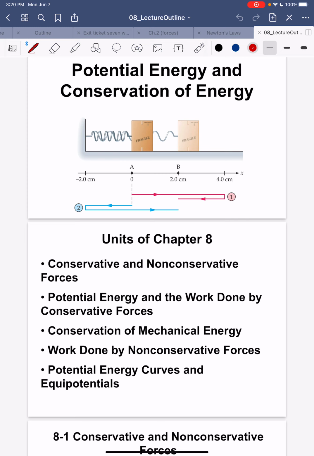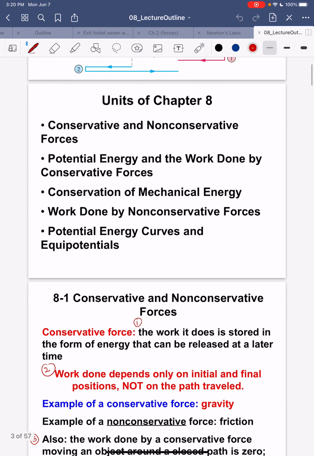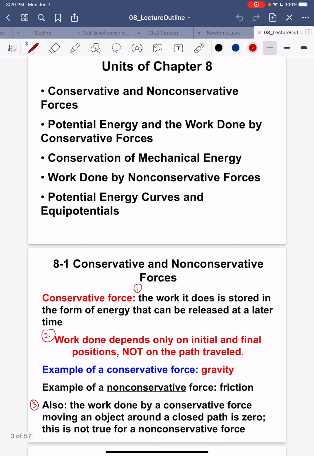We also need to have the full picture: when we have non-conservative forces, we should work on how to calculate the work done by non-conservative forces. Also, we are going to talk a little bit about potential energy curves and equipotentials.